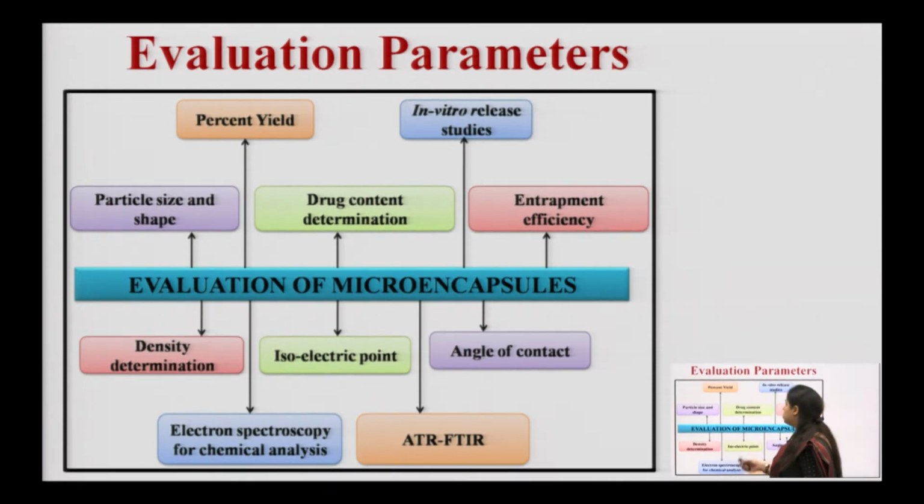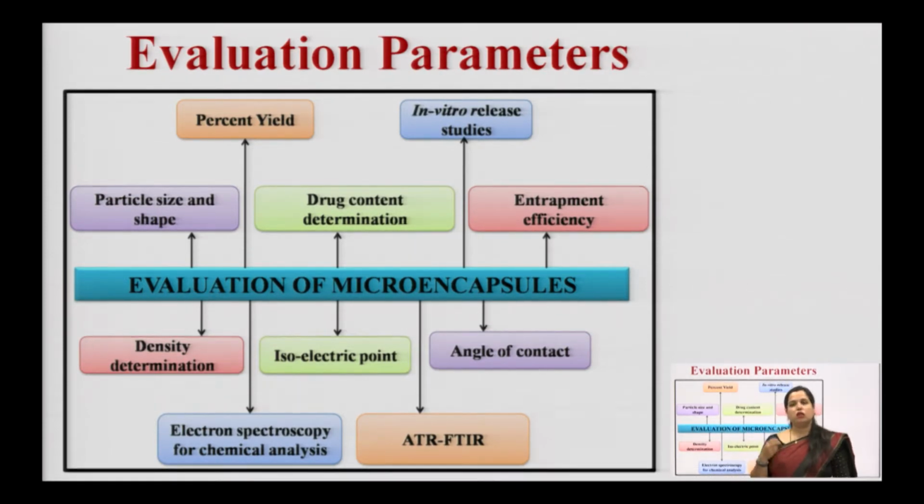In this picture you can have a look at the particle size and shape. We are talking about microspheres. Spheres means spherical shaped particles, right, in the micro range. So, micro particle shape and size play an important role, which is why it is mentioned here.